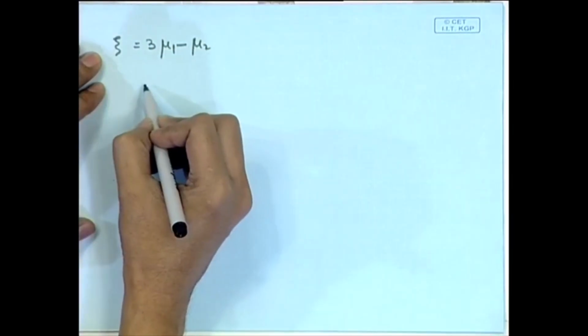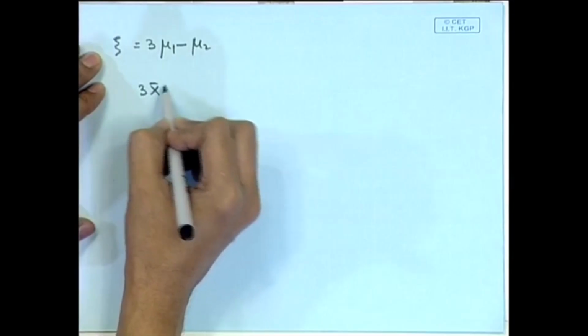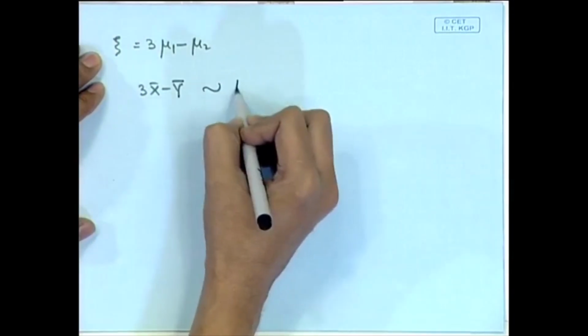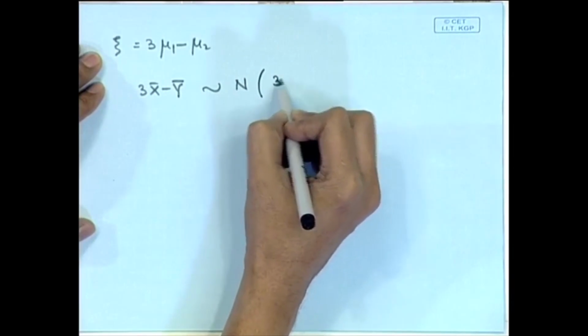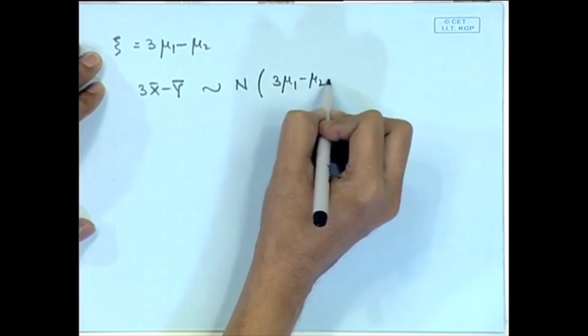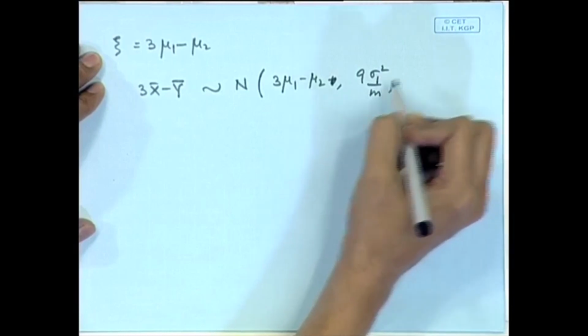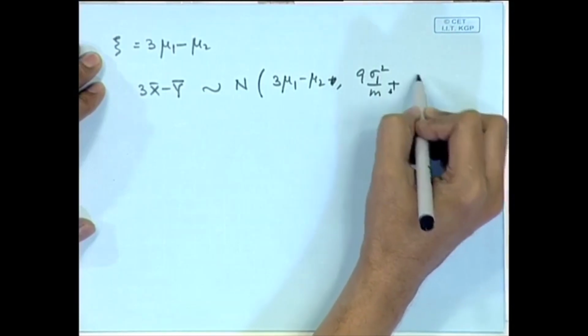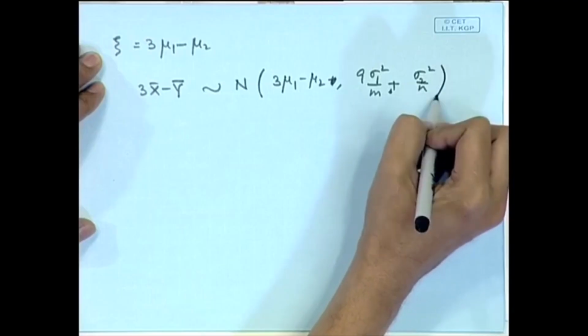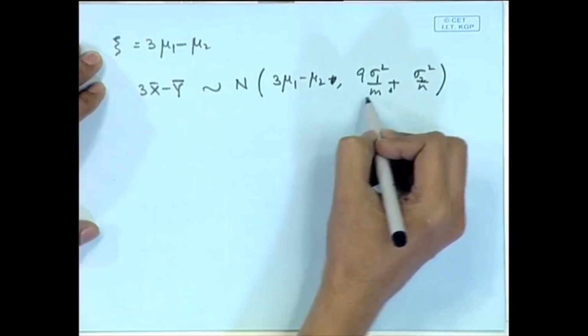So, now we will consider 3 x bar minus y bar, then that will have a normal distribution with mean 3 mu 1 minus mu 2, and variance will be 9 sigma 1 square by m plus sigma 2 square by n. So, the confidence interval will be appropriately changing.